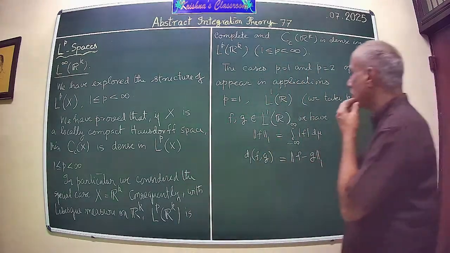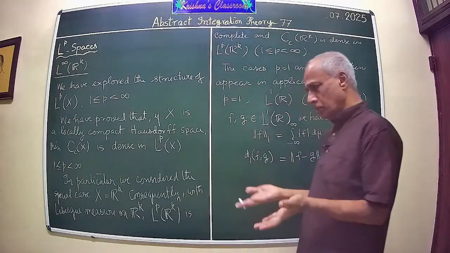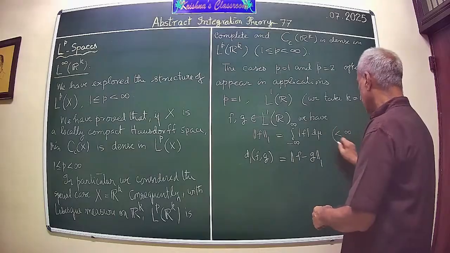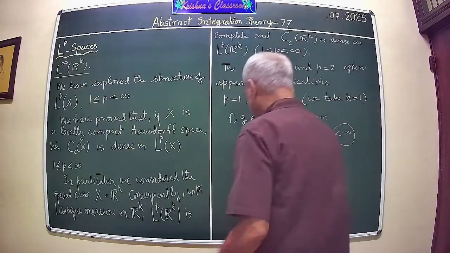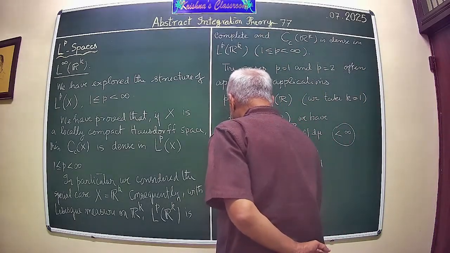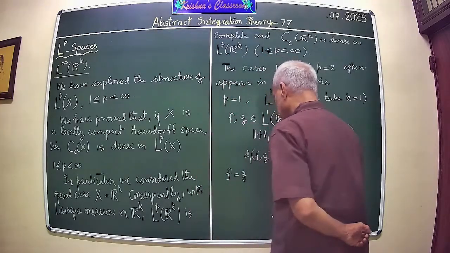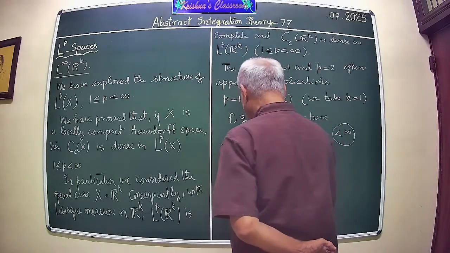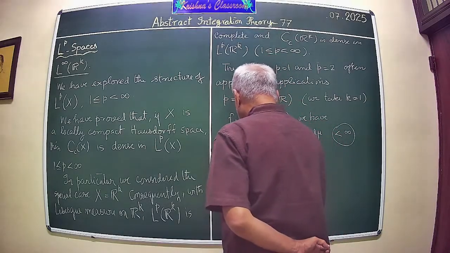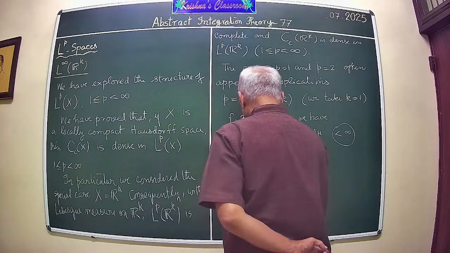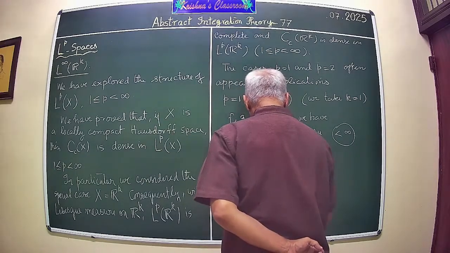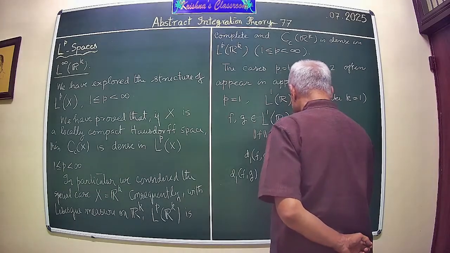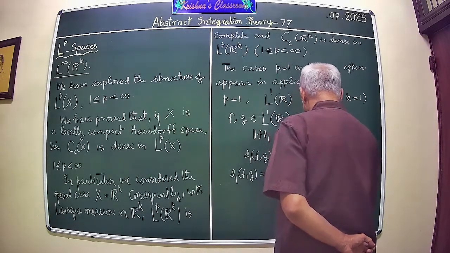So here L1 is not just the functions for which this is finite alone, but you see that here d1(f, g) equal to 0 implies f is equal to g almost everywhere.